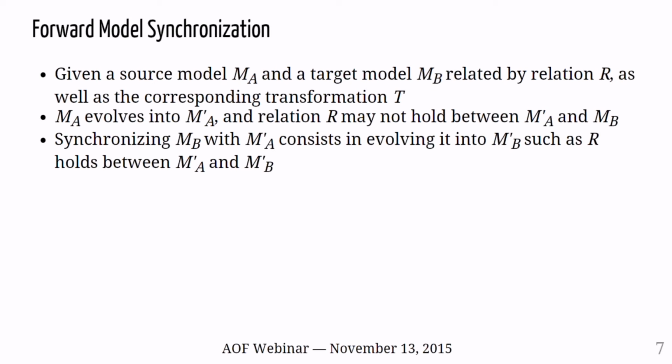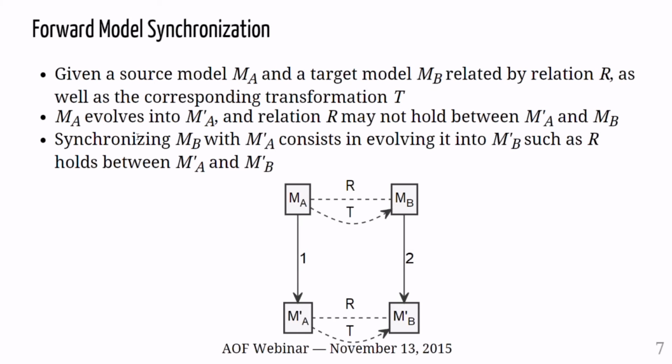So the synchronization problem consists in synchronizing MB with MA prime by evolving MB into MB prime, such that the same relation holds again between the new versions MA prime and MB prime.